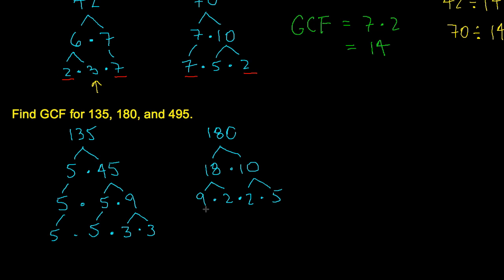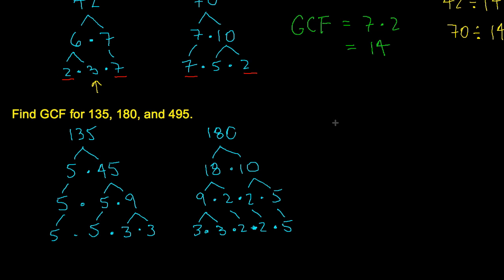We now just have to factor the 9. So that becomes 3 times 3. We have this 2, we have this 2, and we have this 5. So 180 factors to be 3 times 3 times 2 times 2 times 5.